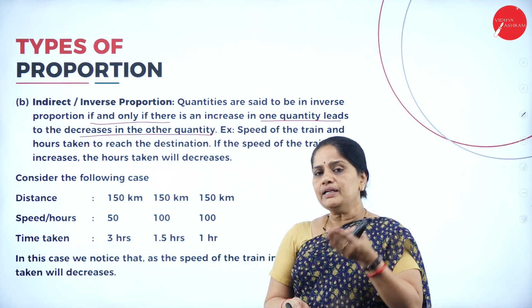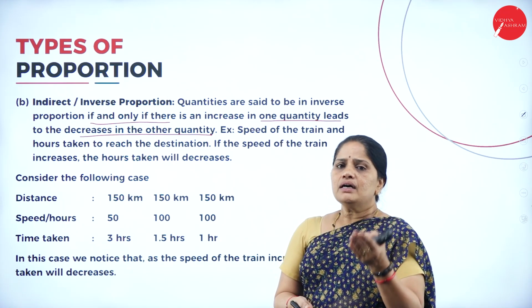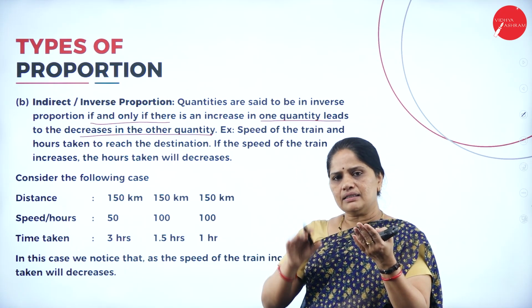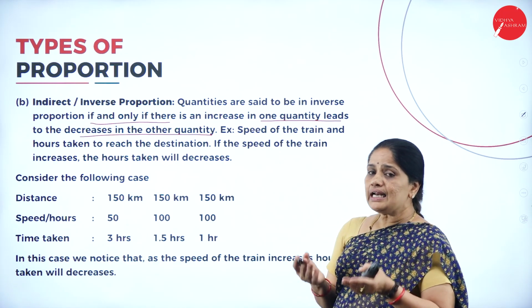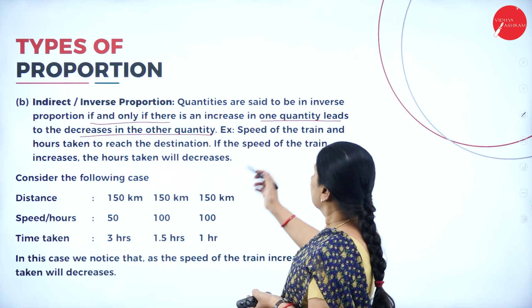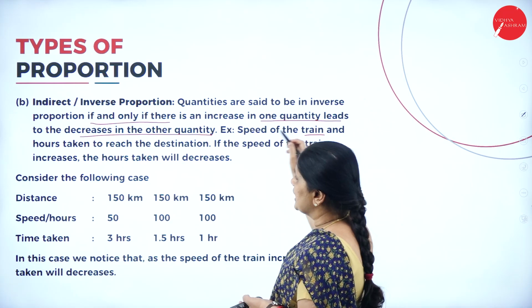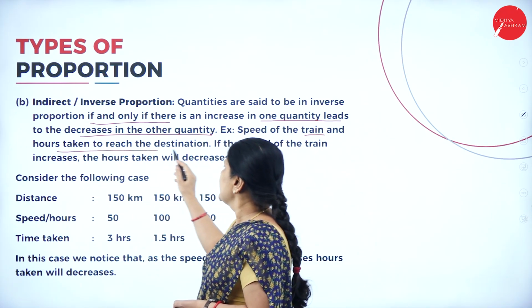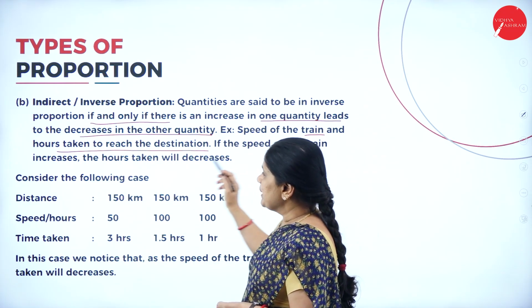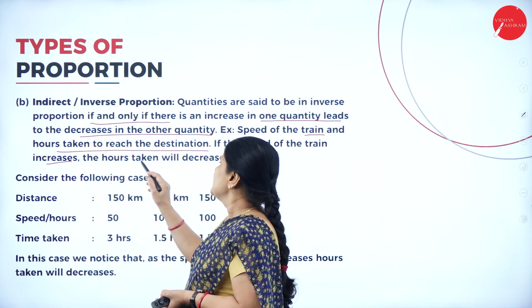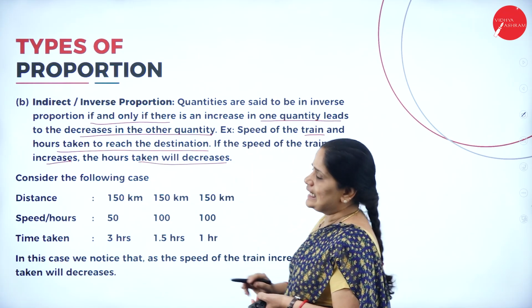For example, if the supply increases, then the price falls, so they are inversely proportional. Another example is the speed of the train and the hours taken to reach the destination. If the speed of the train increases, the hours taken will decrease.